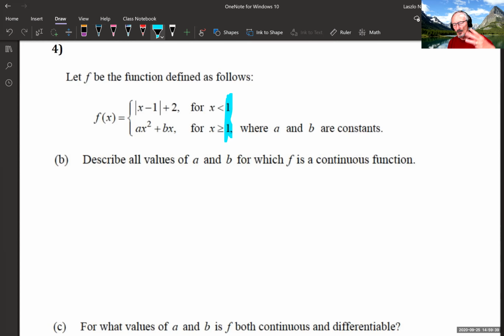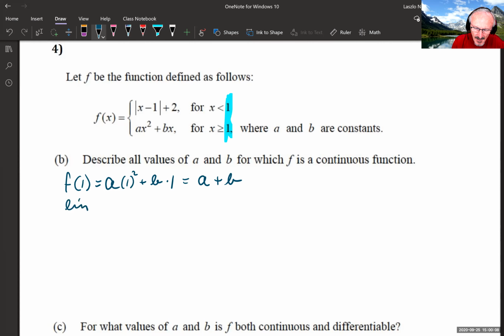And again, remember, we need those 3 conditions. And so let's go ahead and identify f of 1. At this point, f of 1 would be a times 1 squared plus b times 1. So we have a plus b as the value of f of 1. Okay, moving on. The limit as x approaches 1 from the left, we have the absolute value of x minus 1 plus 2.